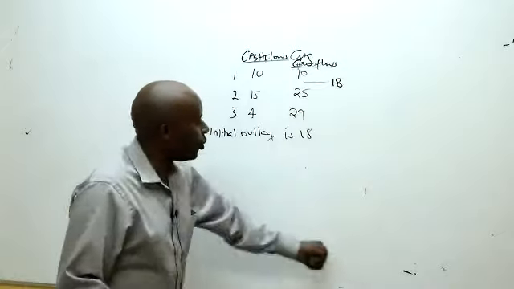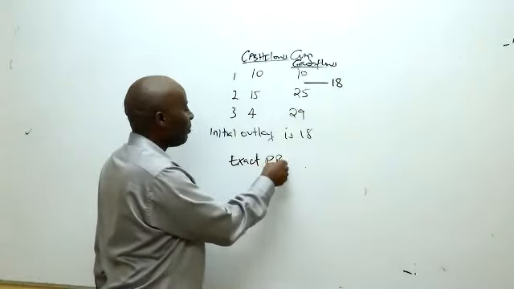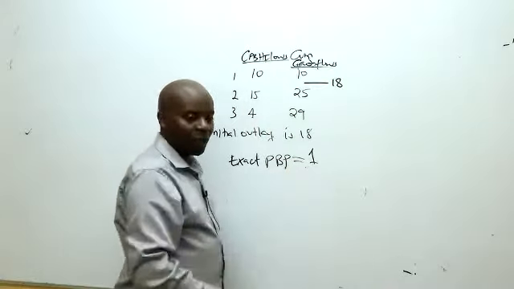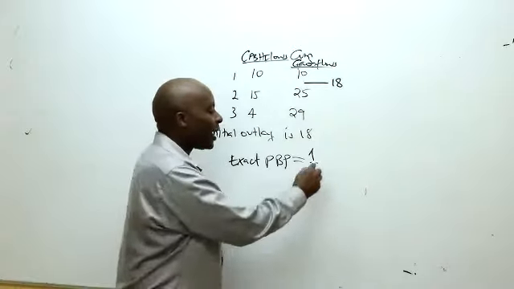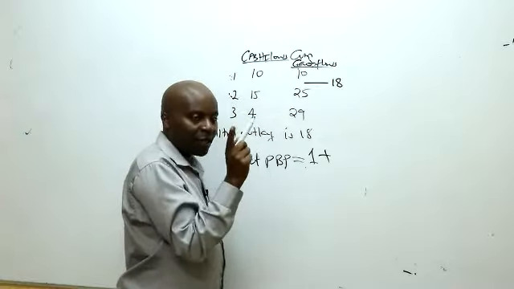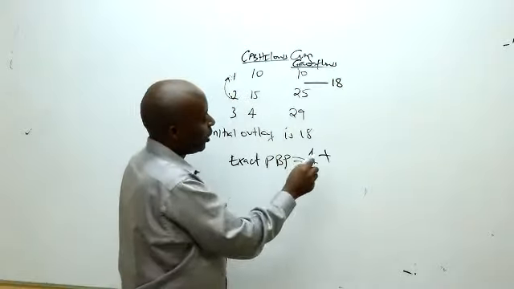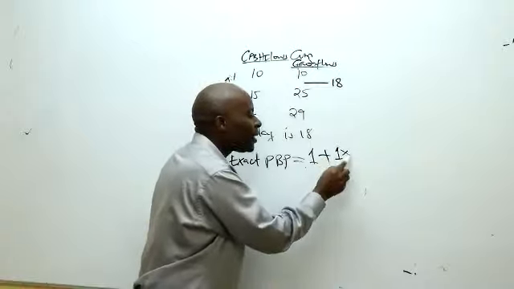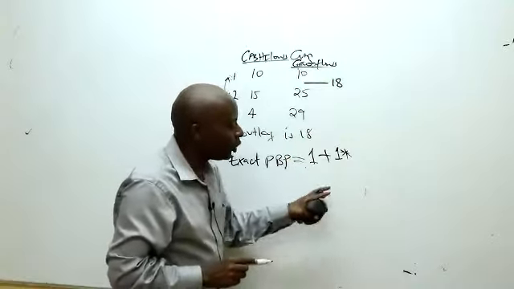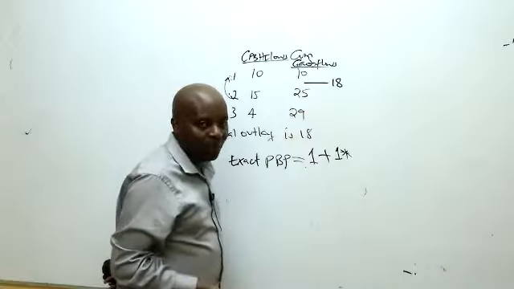What I need to do is to say here, my exact payback period equals, we've said it's in between 1 and 2, so I start with the lower period, which is 1, plus, between these two we have exactly 1 year. The difference, 2 minus 1, gives me 1 year. This 1 year is the one that is to be apportioned. So how do we apportion this? We'll use this side here to make our apportionment.